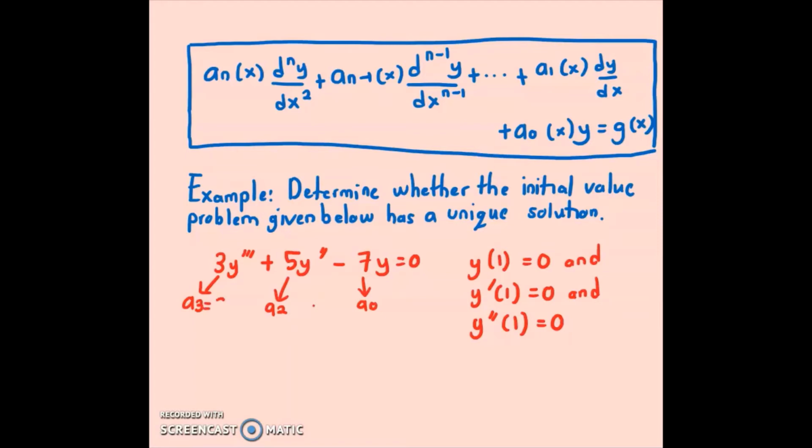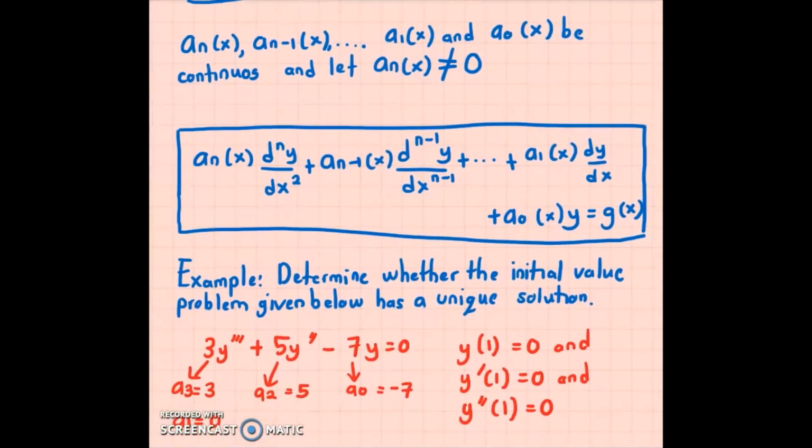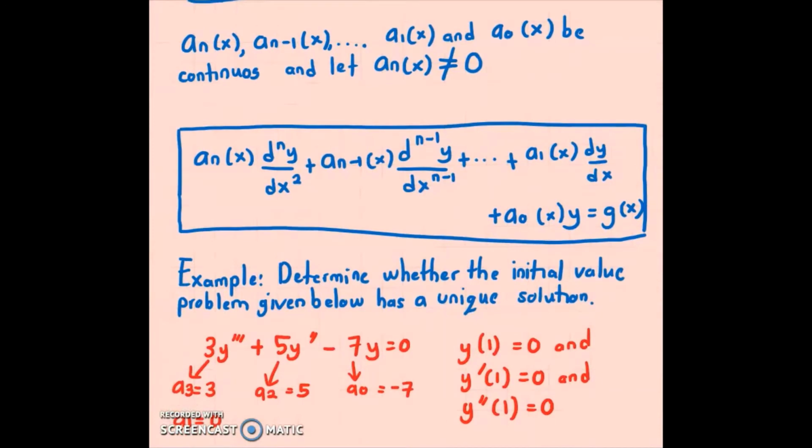We have a3 equal to 3, a2 equal to 5, a0 equal to negative 7, and a1 equal to 0. So for the solution to be unique, a_n(x) cannot be 0.